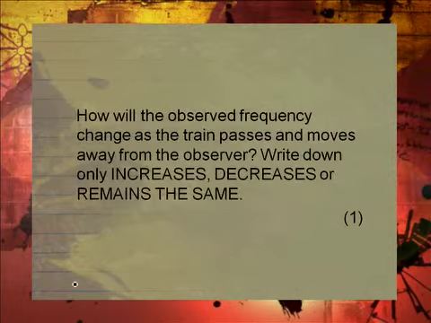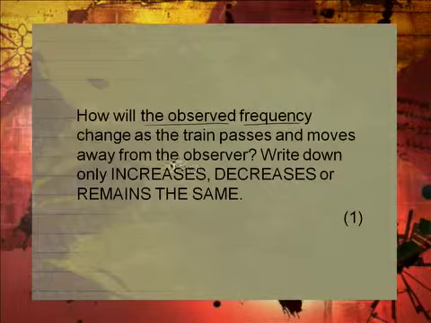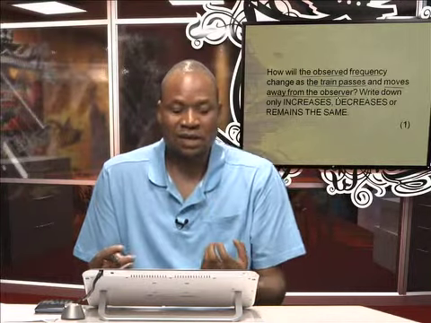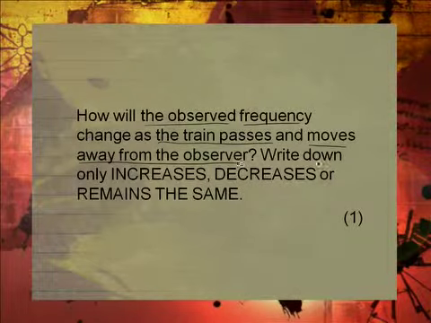Okay, next, how will the observed frequency change as the train passes and moves away from the observer? So now the source of the frequency is moving away from the observer, which is stationary.